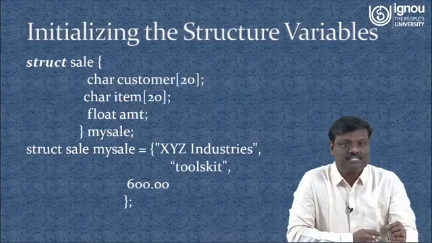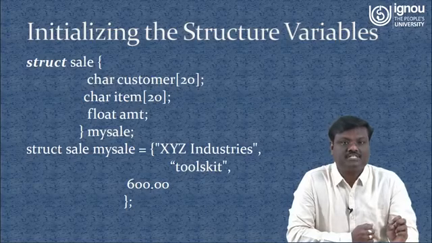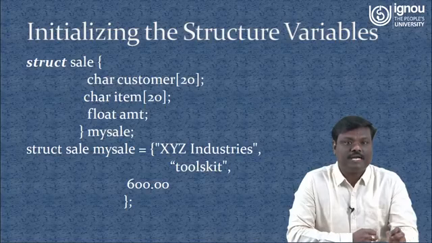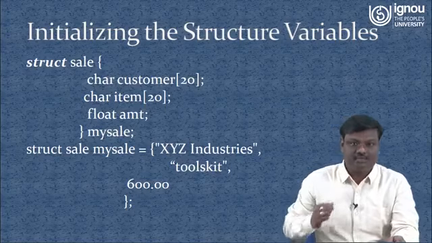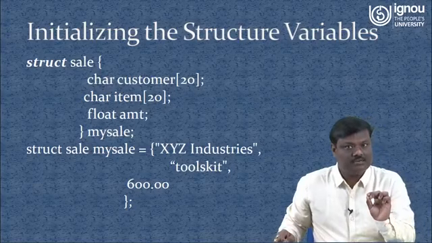Here, struct sale my sale is equal to, that is where we are initializing the variable my sale with 3 members. Customer is double quotes XYZ Industries, then item is tools kit and the price, as it is float, we gave 600.00. Then you end it with the curly brace and a semicolon. Hope you have understood till this point.